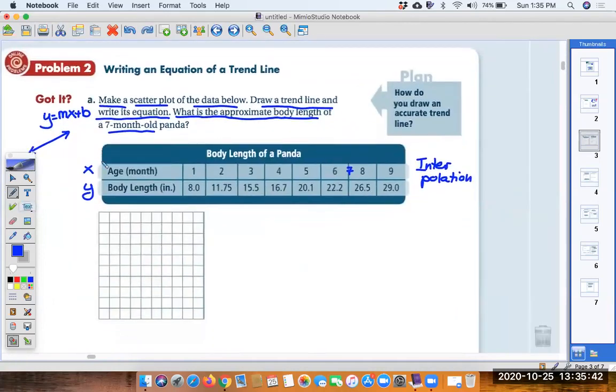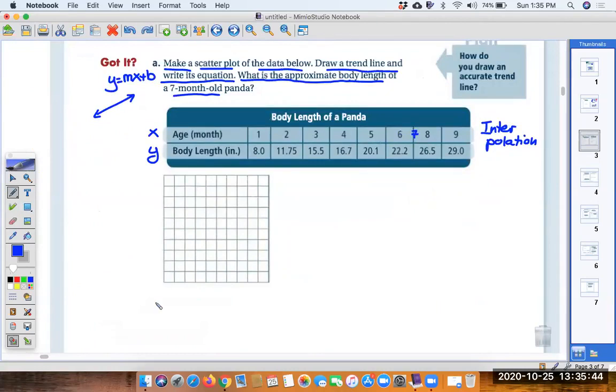Okay, there we are. Now let's look. We have to put the age on the x-axis, which is always the horizontal one. And it's in months. We want to be as specific as possible. And then we start at age 0 and go 1, 2, 3, 4, 5, 6, 7, 8, 9. I'm not writing all those numbers. You can just count them and plot them. I'll write the first and the last.